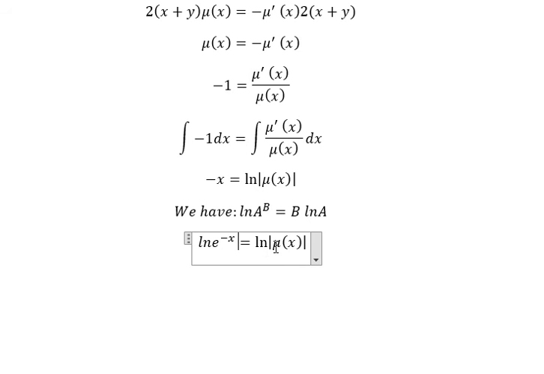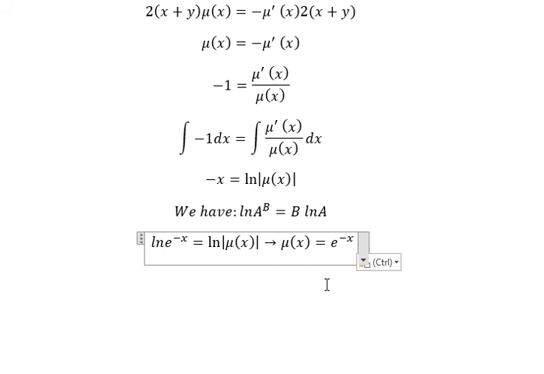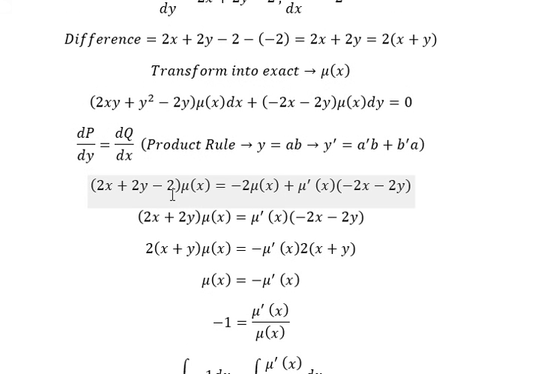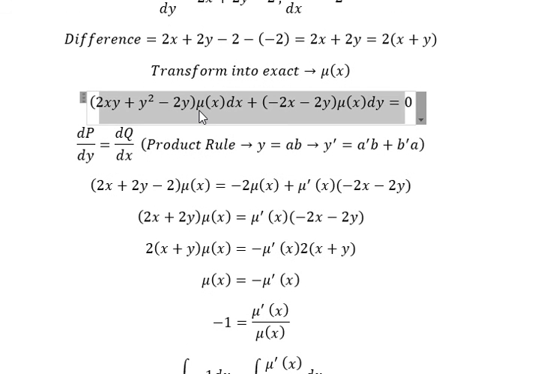So in this case, mu s equals to this one. So we have the answer. That means we need to multiply both sides by this one. So I will put this one go in here.